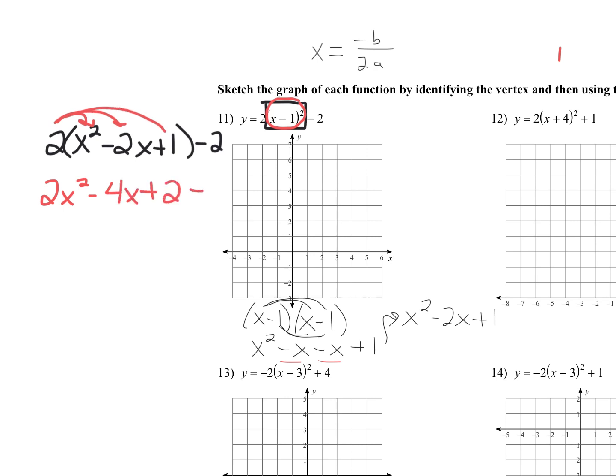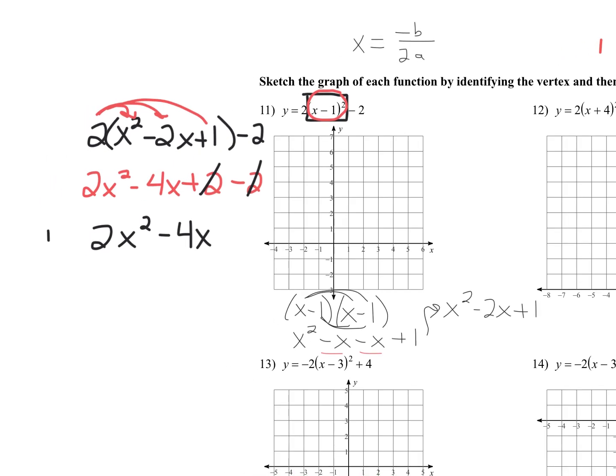And then I still have that minus 2. Right, what happens to those 2's? They cancel when we combine like terms. So we're just left with 2x squared minus 4x. So this is what we're looking at now after we simplified. Yeah? So now it's just the normal form we've always used.